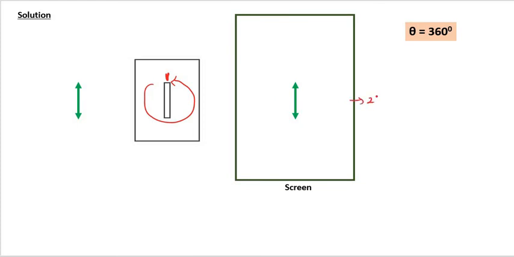So I get the second time maximum light on the screen. So if I turn the polarizer by 360 degrees, then the polarized light will fall on the screen 2 times and it will be absent on the screen 2 times.